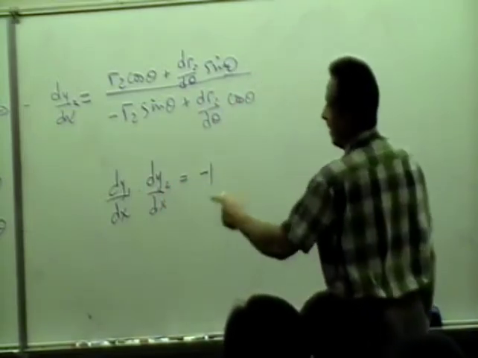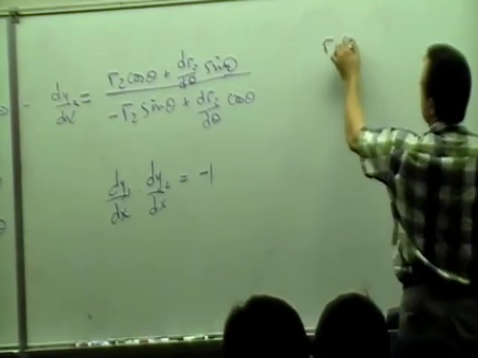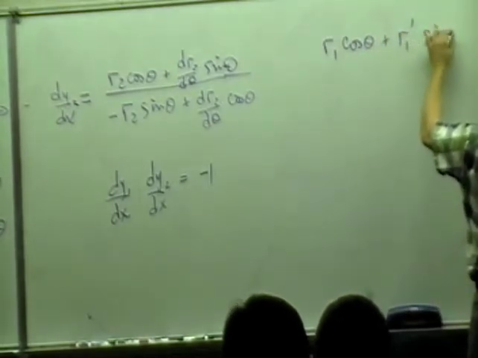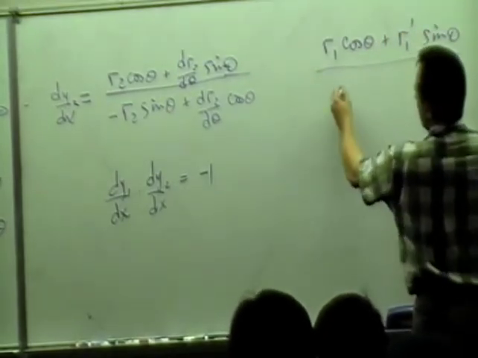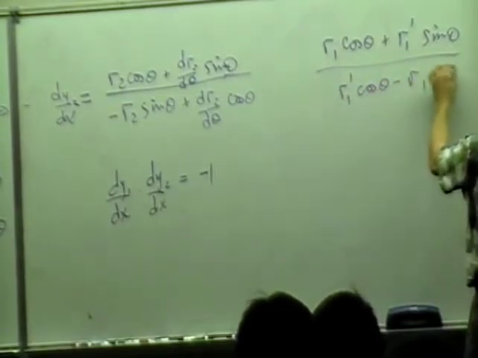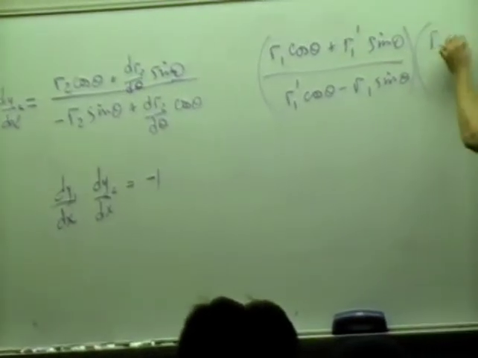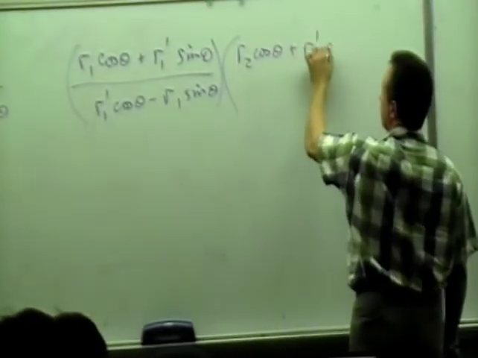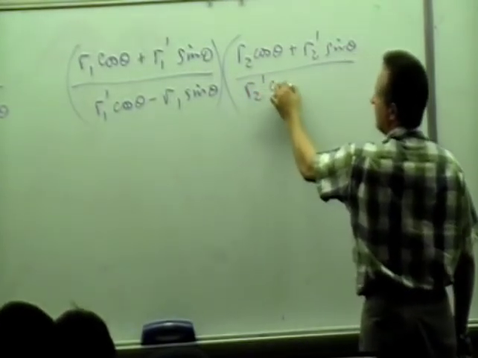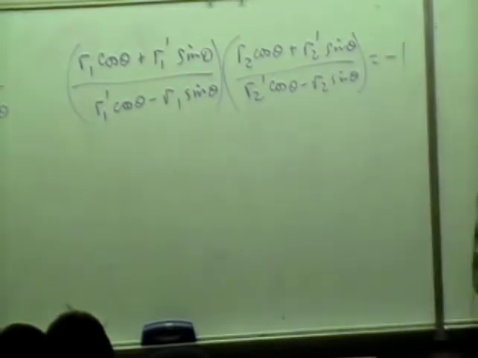So I could then say, all right, let's take that first quantity, r1 cosine theta plus r1 prime sine theta over r1 prime cosine theta minus r1 sine theta, times r2 cosine theta plus r2 prime sine theta over r2 prime cosine theta minus r2 sine theta, and that should equal -1.